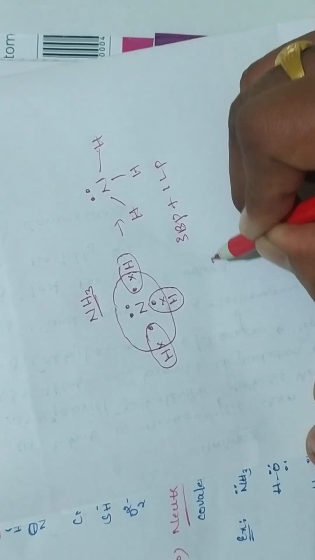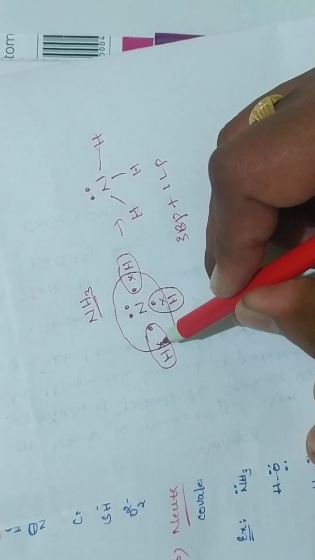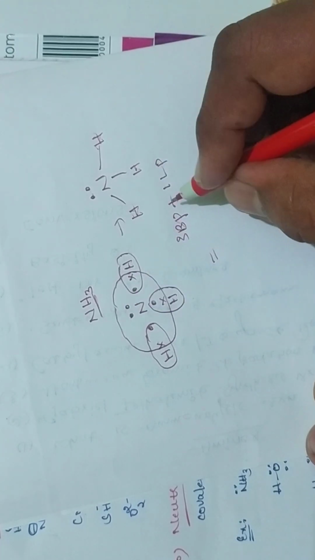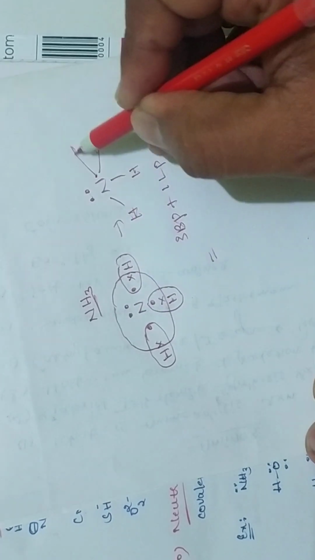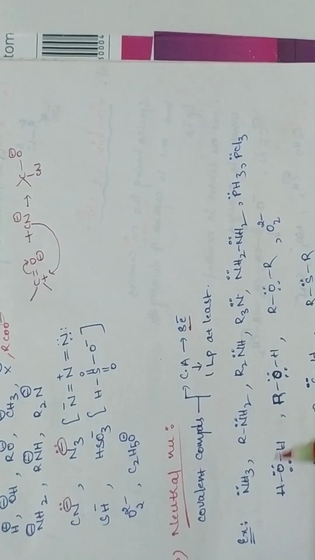So therefore, total number of electrons: each bond means how many electrons? 2. So 1, 2, 3, 4, 5, 6, 7, 8. It follows the Lewis octet rule and contains one lone pair. Then these are called what? Neutral nucleophiles. Ammonia contains one lone pair, so therefore it is a nucleophile.